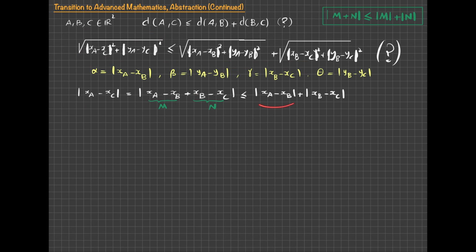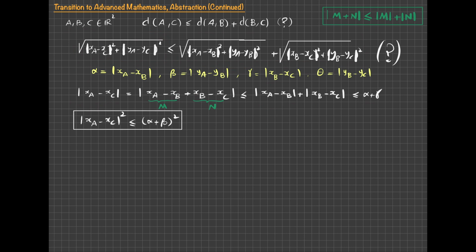I called this one alpha, and I called this one gamma. So it becomes less than or equal to alpha plus gamma. So I was able to show that this expression is less than or equal to this expression. If I raise both sides to power 2, I get (x sub a minus x sub c) squared is less than or equal to (alpha plus gamma) squared. So let us keep it here.